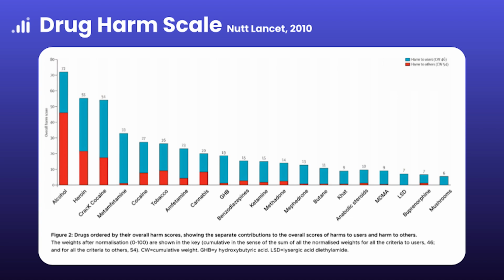The whole crack movement began with African Americans, when really there was 10x more prevalence of white Americans using cocaine than Black Americans using crack cocaine. But that's a whole other conversation. The point of this slide is that these types of medicines are quite safe.